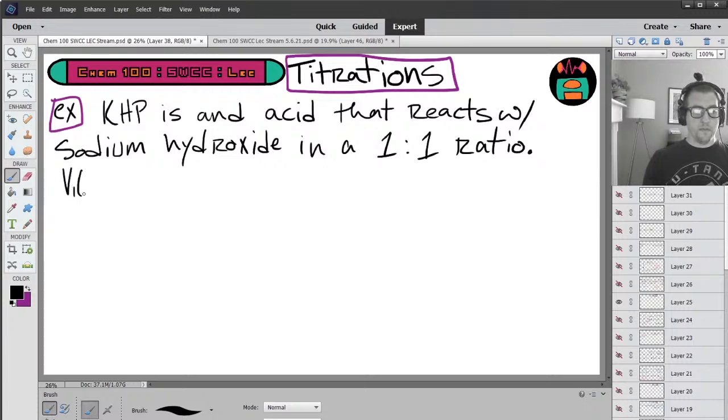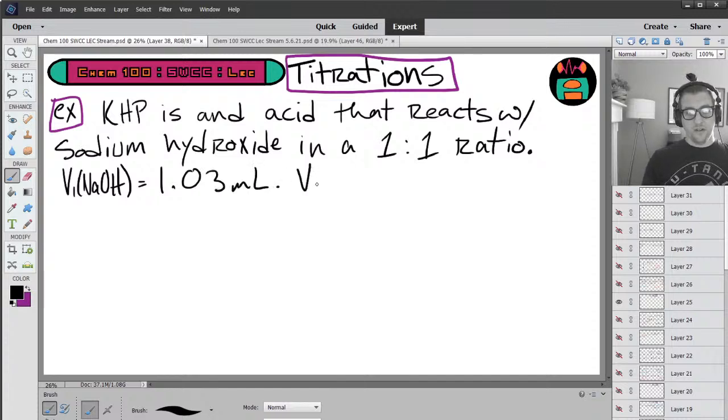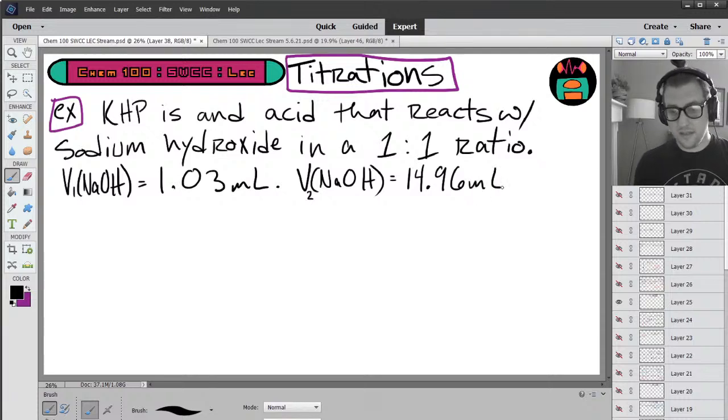The initial volume of the sodium hydroxide solution was 1.03 milliliters. The final volume of the sodium hydroxide solution was 14.96 milliliters.